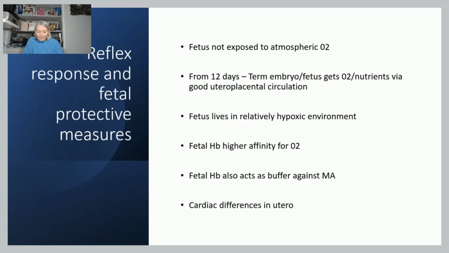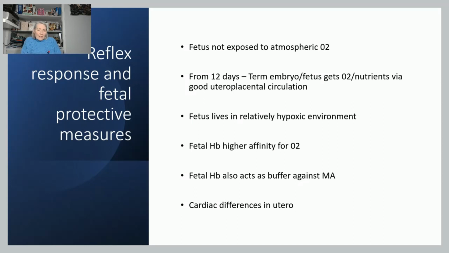One of the other things, poor use of oxytocin, so you get hyperstimulation, that is going to cause reduced perfusion of the placental bed and therefore put that baby much more at risk of getting hypoxia.